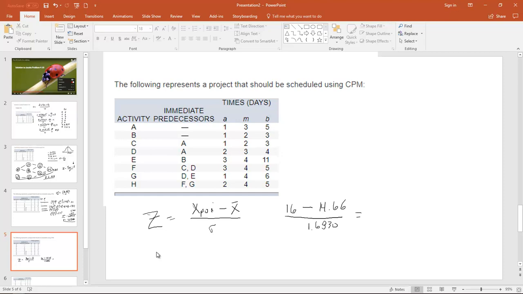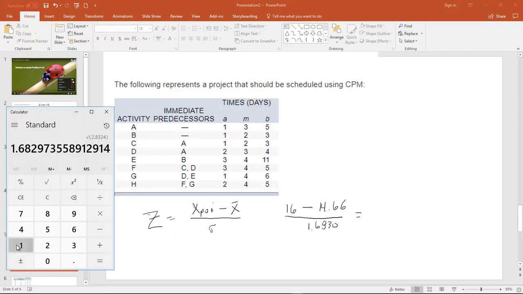If we calculate that out, 16 minus 14.66 equals 1.34, and divide that by 1.683. So this is telling us that we're 0.79 standard deviations above the mean. That's what that means.